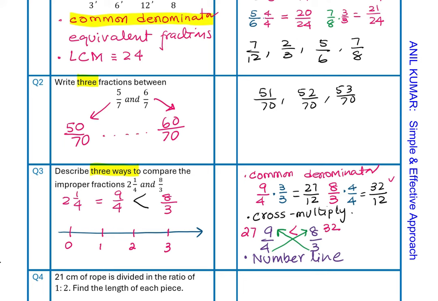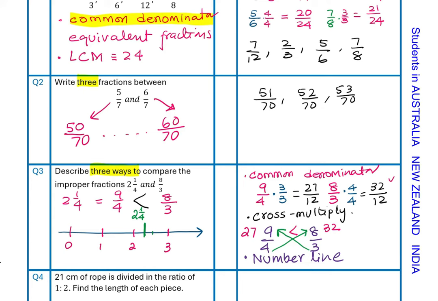So when I want to point out where 9 by 4 is, that means 2 and quarter, right? So quarter means half of half. So that means this number is 2 1 by 4. Clear? The other number we are looking at is 8 thirds, which basically is what?